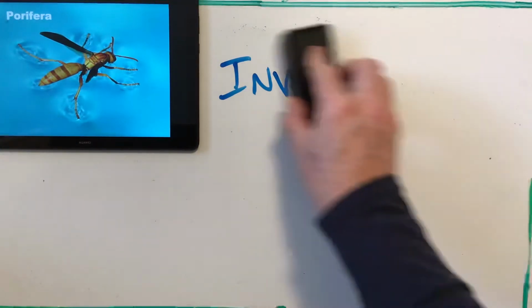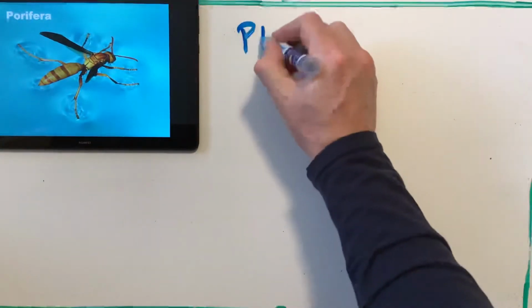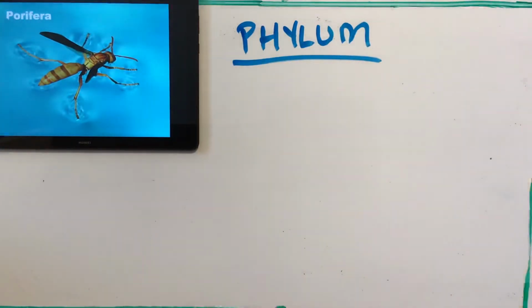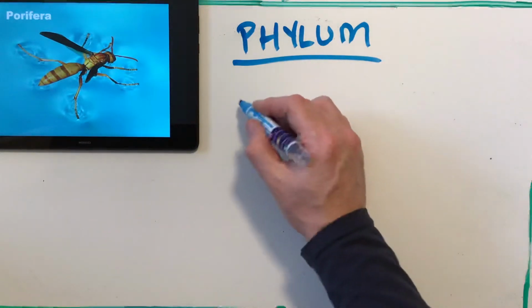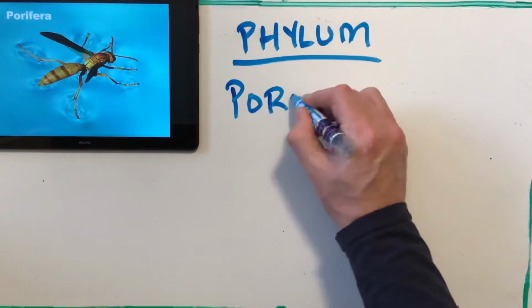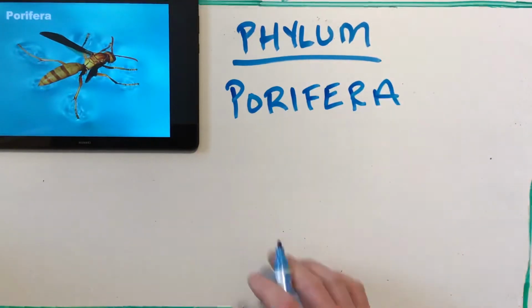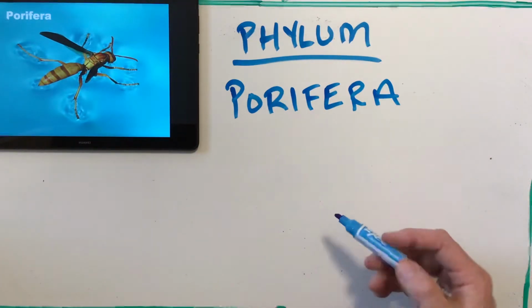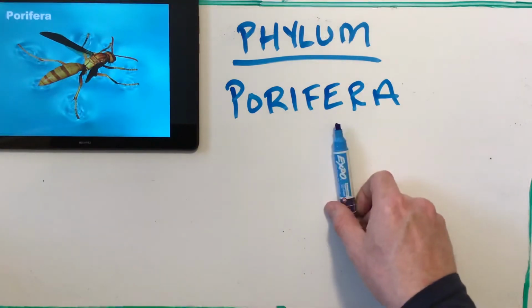Now, as we go through the groups, what we want to do is learn the name of the phylum. So I'll put phylum here. And as we go through the various phyla, that's plural for phylum, I'll put the name of the phylum here, and then we'll talk about what it is, and then we're looking for one or two key characteristics that are going to help us identify that that living thing is a poriferan.